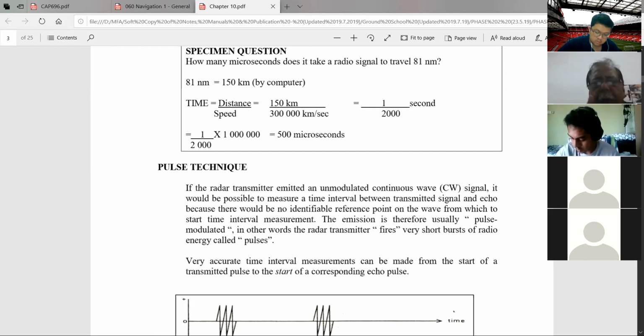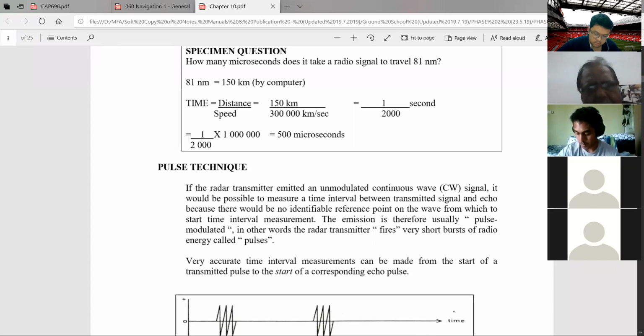Now, please note that pulse number 1 is transmitted from the radar. Unless pulse number 1 comes back, pulse number 2 does not go. You have transmitted pulse number 1. This pulse has gone, struck the object and has come back.